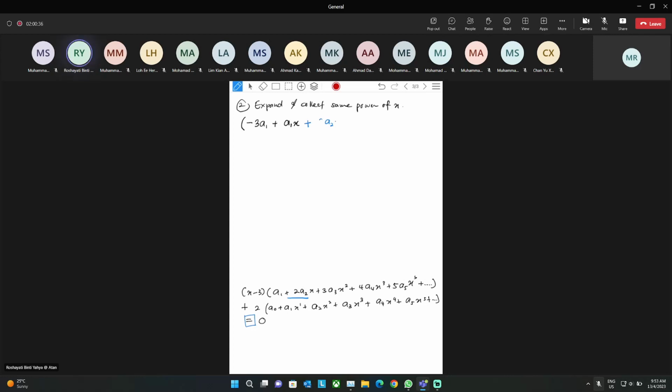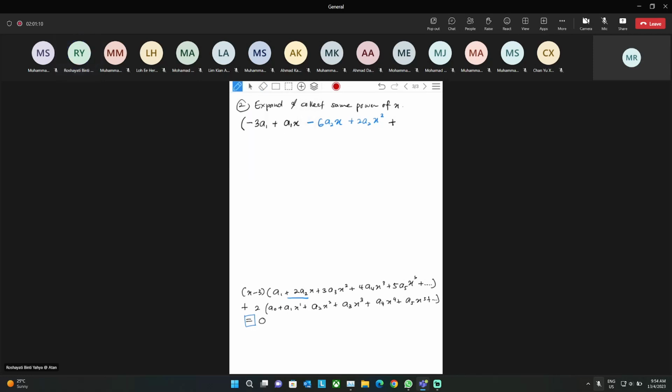Negative 6 A2 X plus 2A2X squared. Okay, plus. Now we go here, negative 6A2X, right? Oh, yes, thank you, negative.